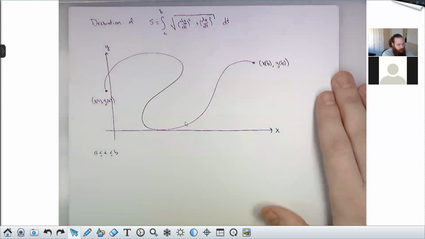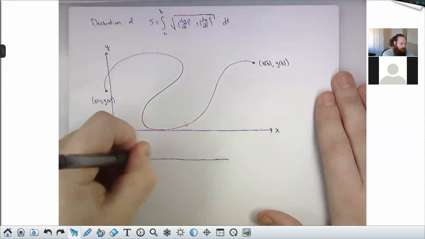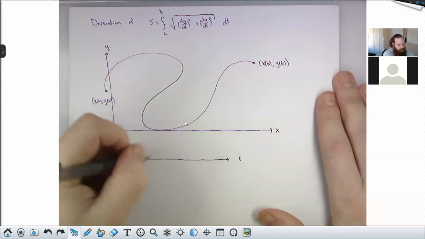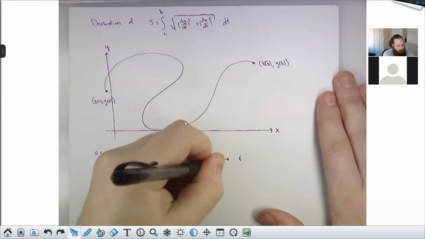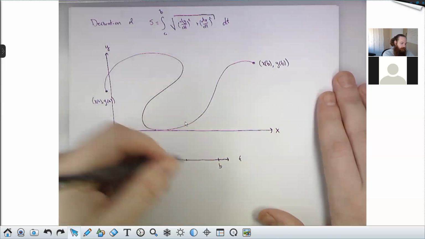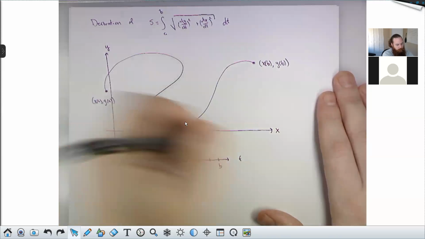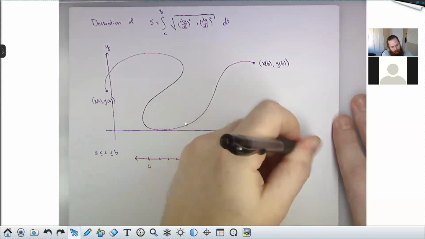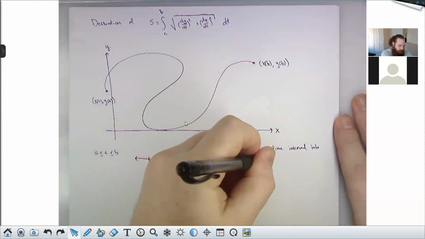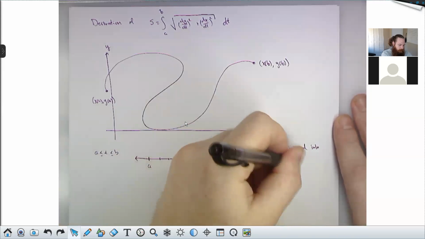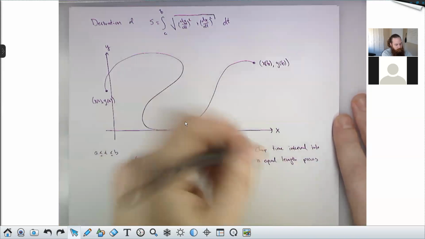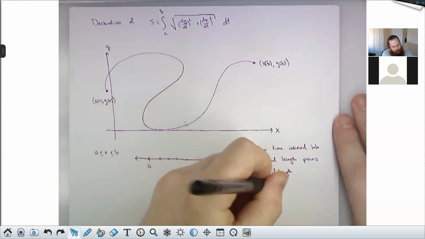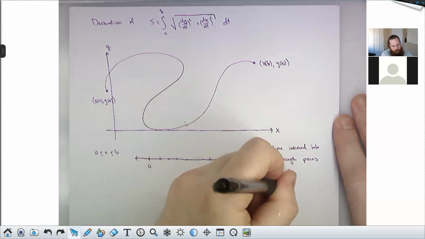Those are t values. But if you take the time interval, so you imagine I have a t-axis somewhere off to the side, you take your time interval a to b and you chop it up into a bunch of little pieces, into n equal length pieces, each of length delta t, which would be (b minus a) over n, because they have to be equal length.